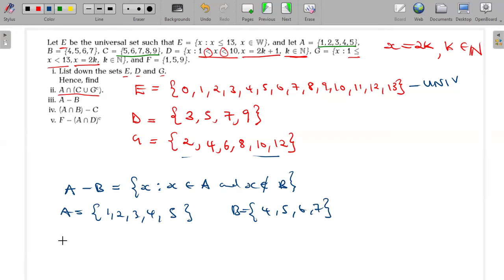When it comes to the set difference of A and B, we consider elements that are in A but not in B. First of all, I see 1. 1 is in A, but when I look at B, 1 is not in B.